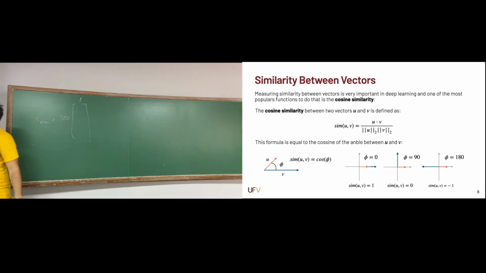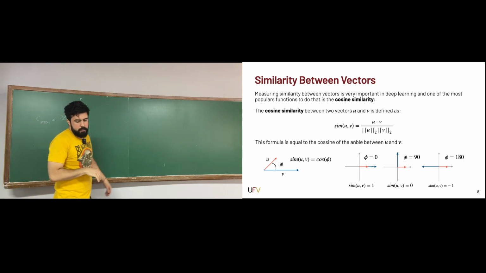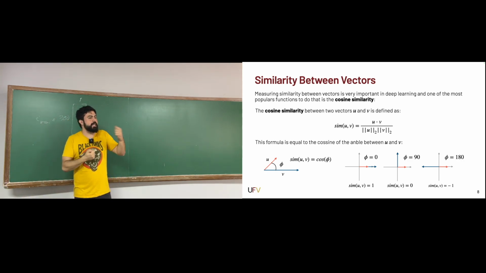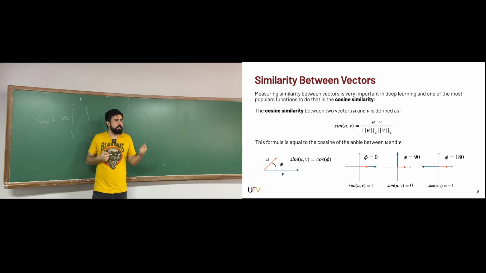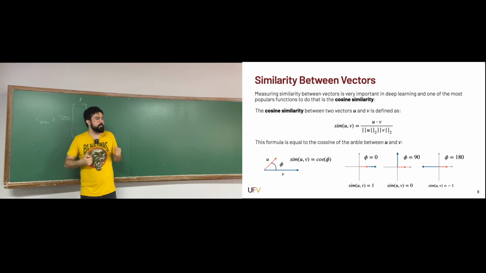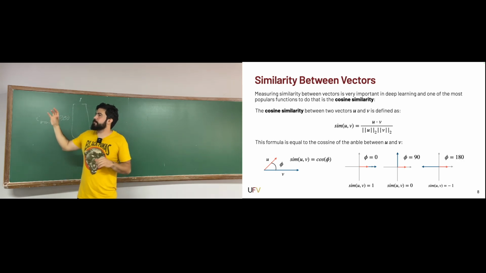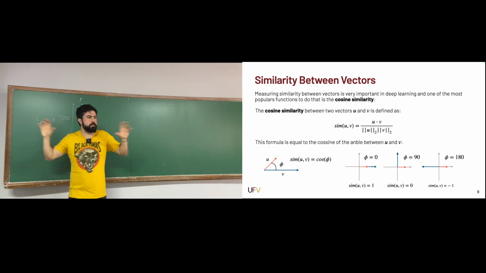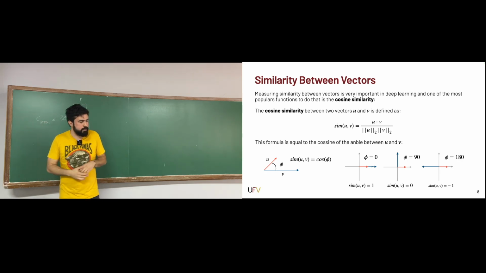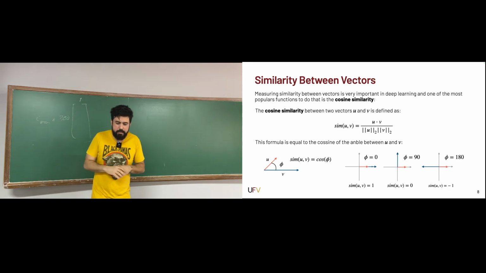You wouldn't have the division by the norms because then you would consider the magnitude of the vectors as part of your metric. If you care about the size of your vector, then you can use just the dot product as your similarity. But if we get to a problem where that's important, we're going to bring that discussion back. Okay? For now, let's just use similarity.